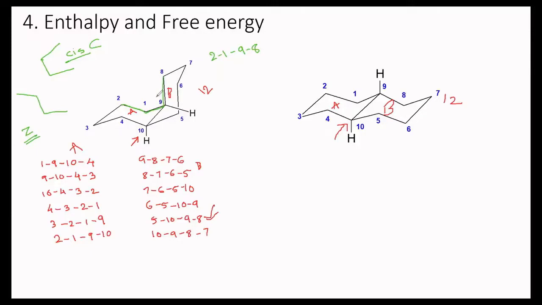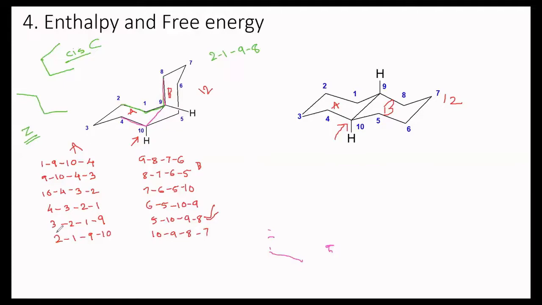ठीक है, और एक ड्रॉ कर रही हूं मैं, अभी ऑब्जर्व करो. 4, 10, 9 and 8. बताओ क्या है वो. उसके ऊपर एंगल C फॉर्म है, राइट.